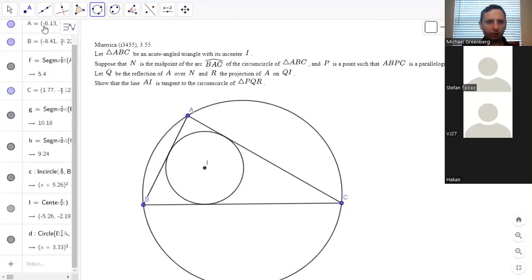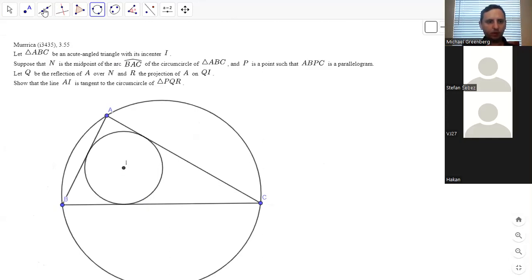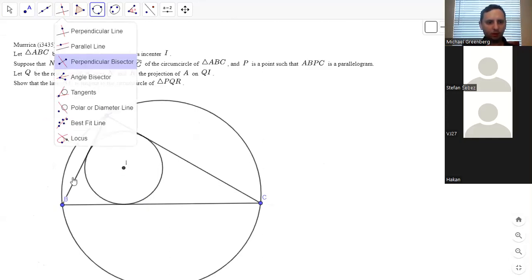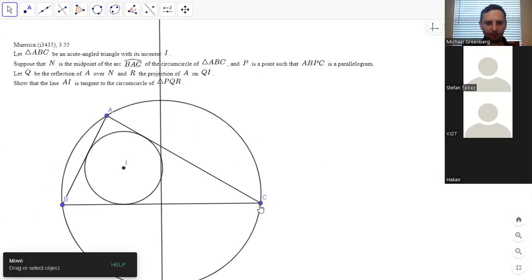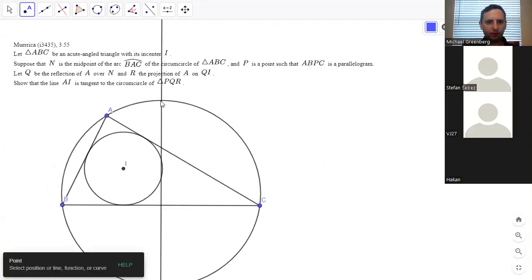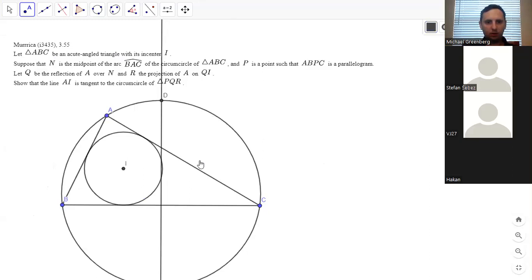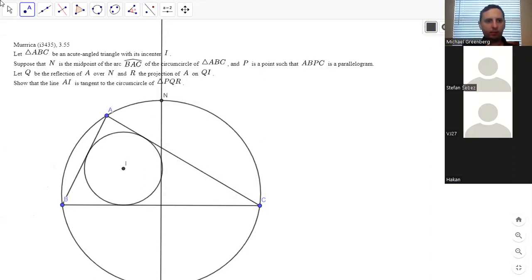All right, I'm going to close this. I think BC is a little bit slanted. N is the midpoint of arc BAC. And P is such that ABPC is a parallelogram.